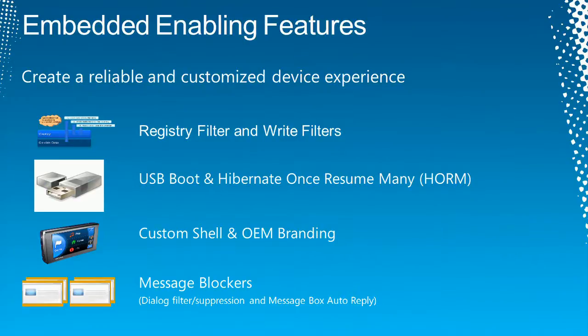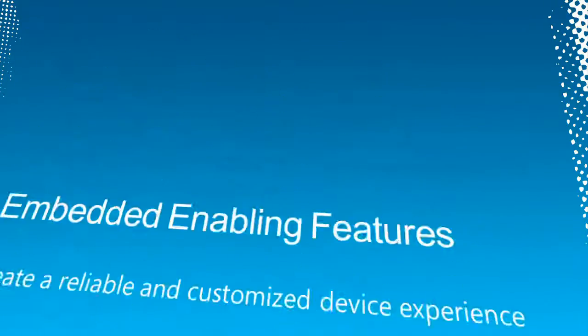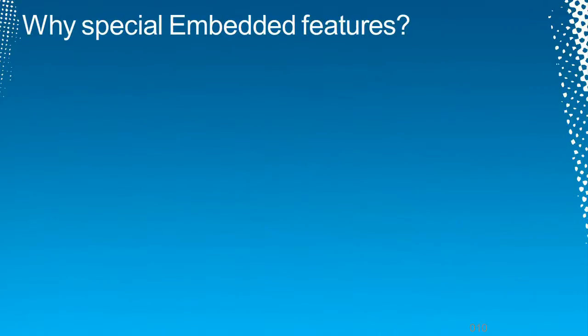That's very good if you have power outages, for example, in industrial automation. As soon as you come up, you go into a predefined, already initialized system state, which shrinks down the downtime you may experience. Custom shell and OEM branding, we do a lot of that today. And I'm also going to show you some of the message blockers which are built into the system.